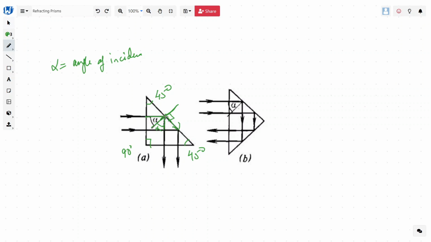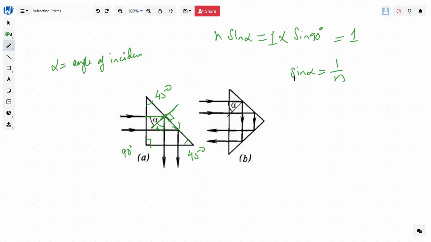So by physics we can write that equation. The refractive index of the prism is n, so n sine alpha is equal to 1, which is the refractive index of air, times sine 90, which is also 1. So this is 1 times sine alpha.